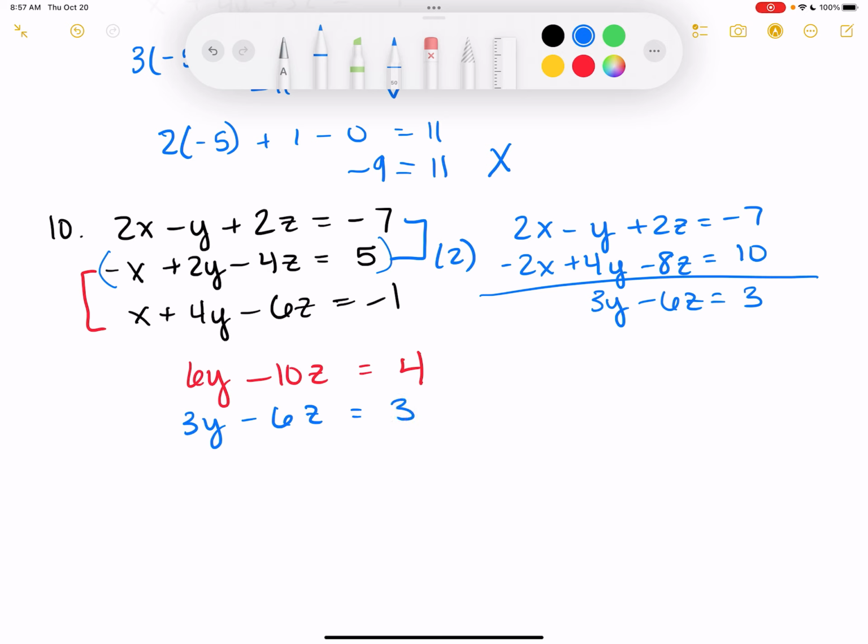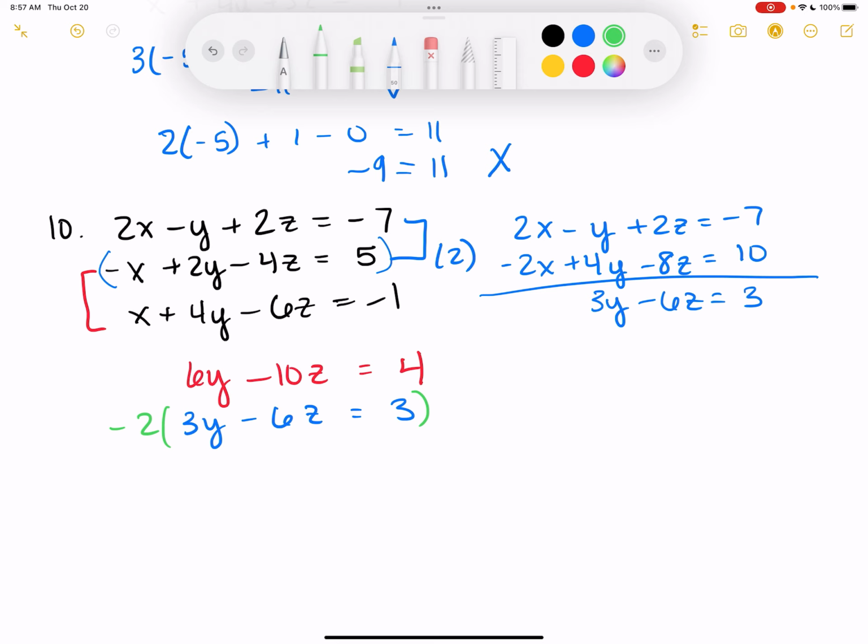So I have them stacked. Now I have 2 equations and 2 unknowns. Once you've done that part, you're back to 3.2. So what do I need to do for these, something in here to cancel? Multiply the bottom by -2.